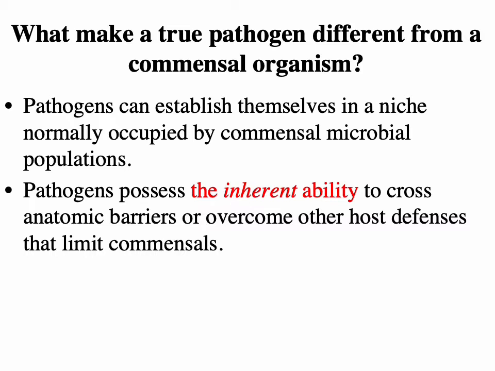So here are 2 points that I think may help to show the difference between the two. So let's go through them. So pathogens can establish themselves in a niche. A niche means a site normally occupied by conventional microbial population.